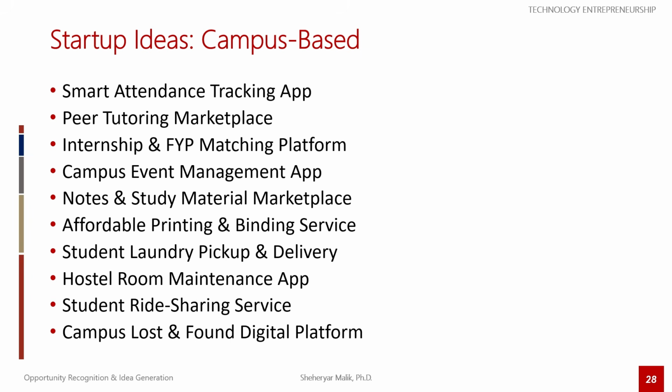Then a student ride sharing service, which could be very interesting, because students come from far areas and it could be very expensive for them to individually opt for a ride. So what they can do is have ride sharing. Then a campus lost and found digital platform as well, where students can put up the items that have been found or the items they have lost.